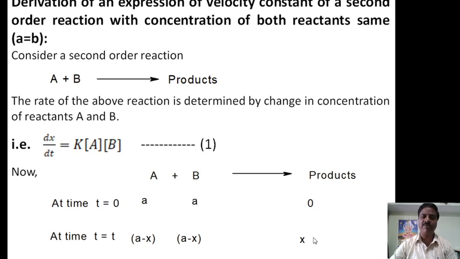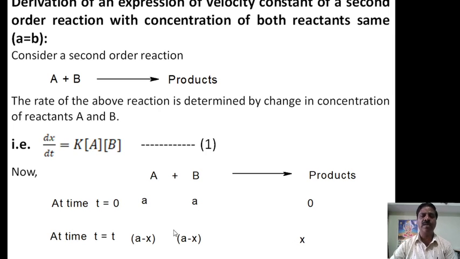Since x is the formation of the product, a decrease in concentration, a minus x will be the remaining concentration of reactant A. Similarly, a minus x will be the remaining concentration of reactant B, and x will be the concentration of the product in the reaction.